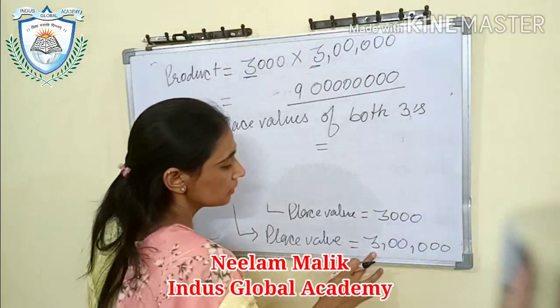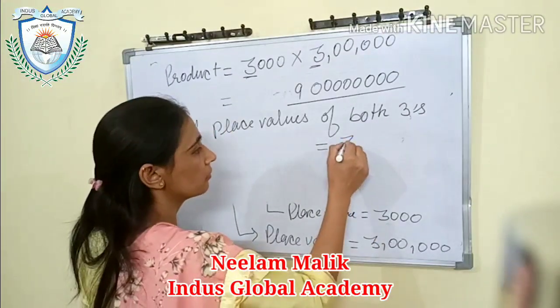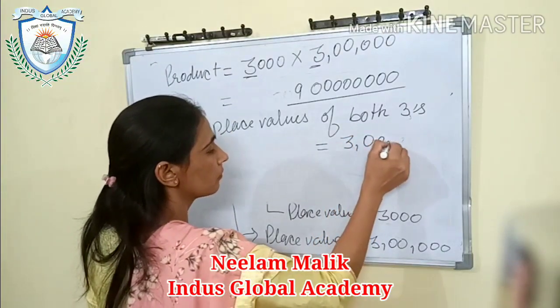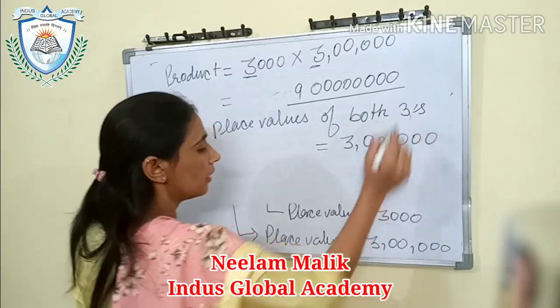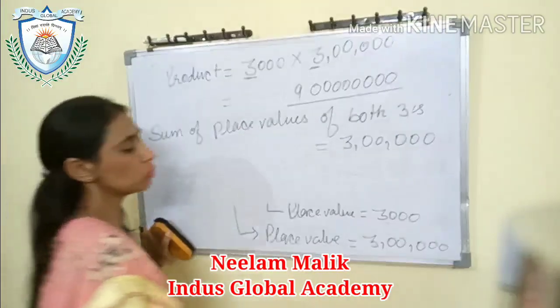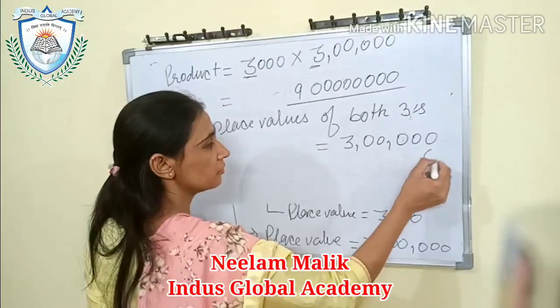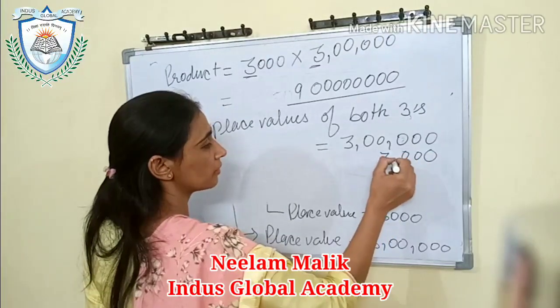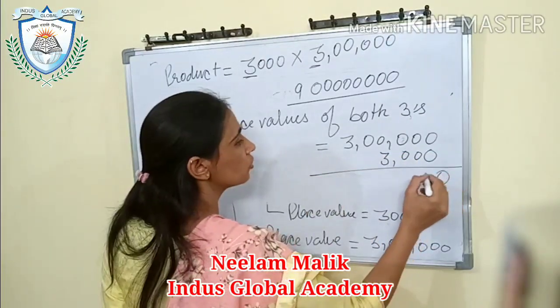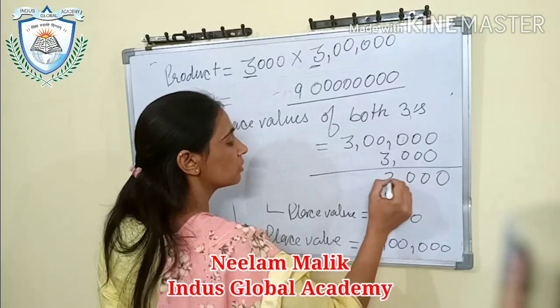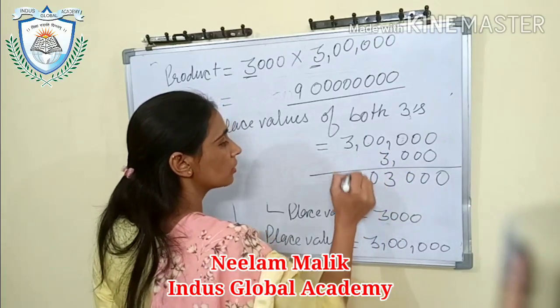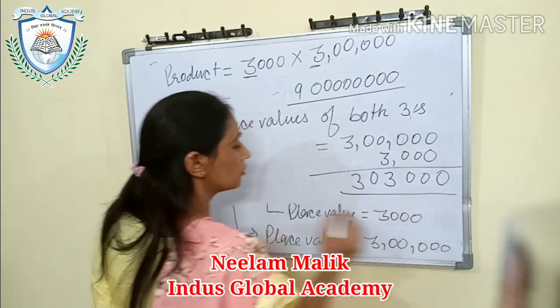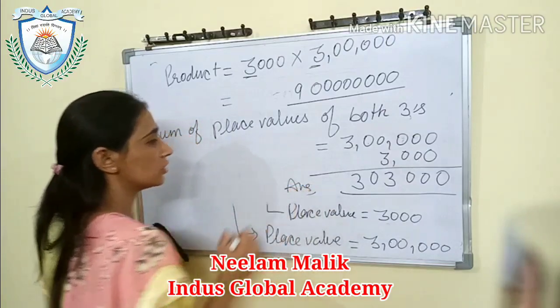One is 3 lakh, another one is 3000. Start writing from the back side, 0 0 0. So add this. It will be 3 0. This will be 3. So this is your answer for addition.